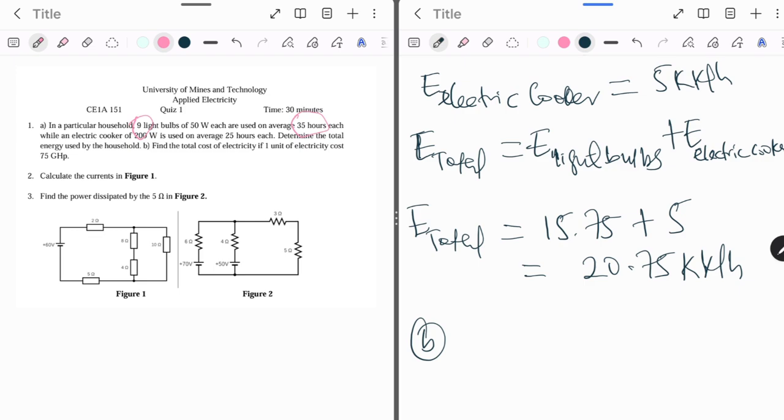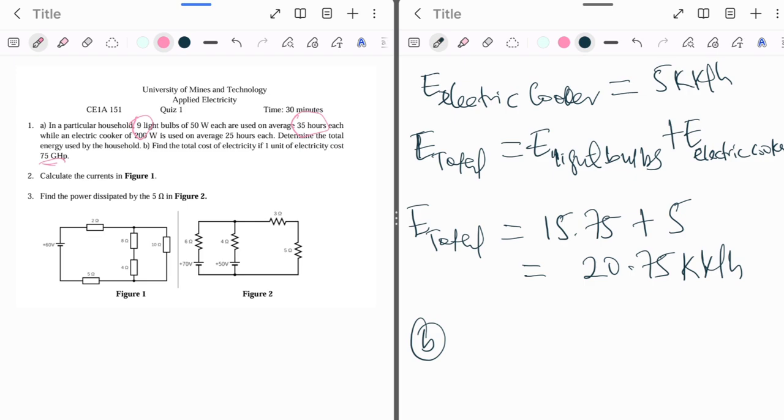Question 1B, you have to find the total cost of electricity if 1 unit of electricity costs 75 Ghana pesos. The unit cost of electricity is a way to inform you how the price of the energy that you've consumed is going to be calculated.